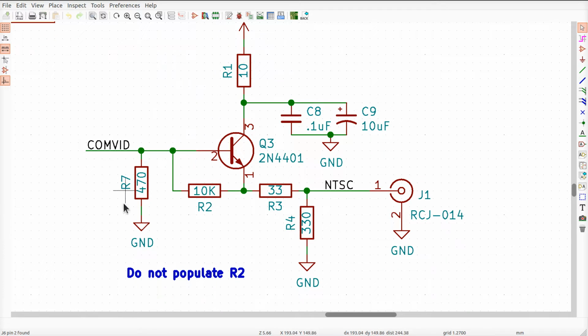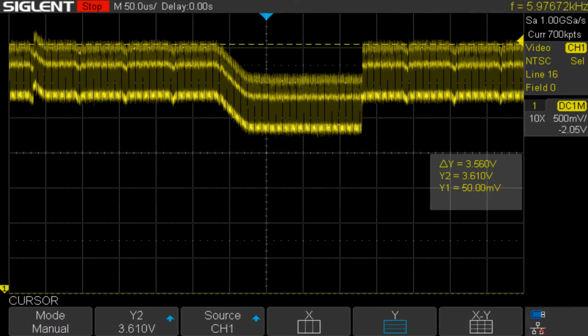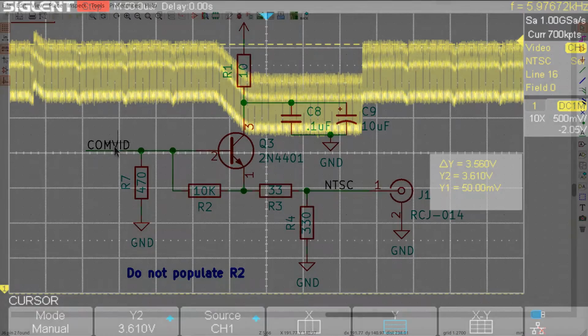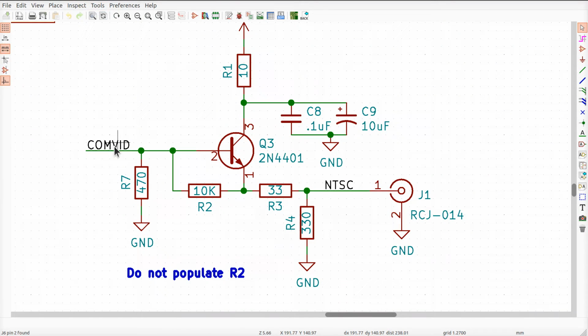Okay? If you don't have R7 in here, whether you've got a 10K in here or not, there's almost no load on ComVid. So what happens is, and I showed this before, if you don't put any load on there, or a high impedance load, which is what this circuit represents, if you don't have something in R7 here, then the voltage is way too high on ComVid, and the sync is all off, which is why I think that the design I saw floating around on YouTube, somebody did it about a year ago, said their video didn't look right.